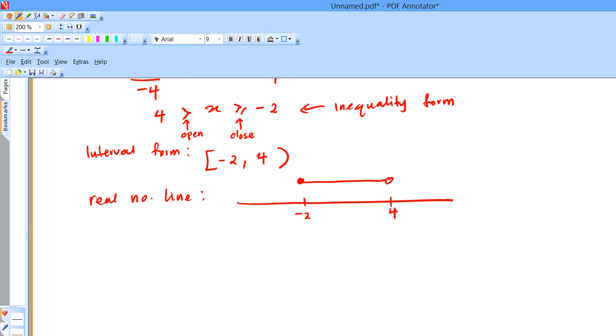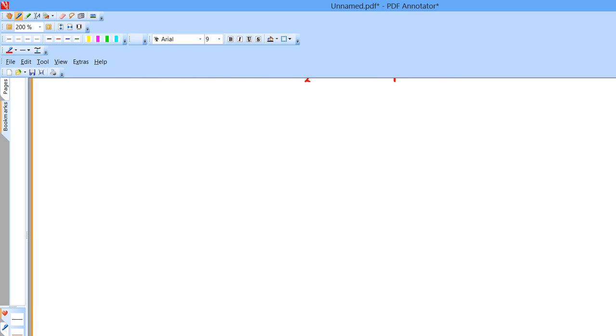And lastly, example 5. We have 7x minus 2 less than 13 minus 3x greater than or equal to negative 2 plus 5x.